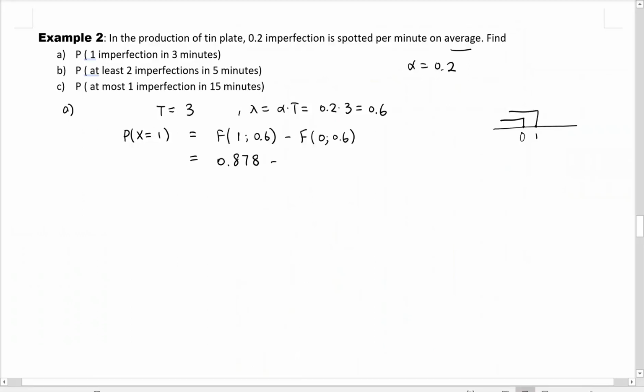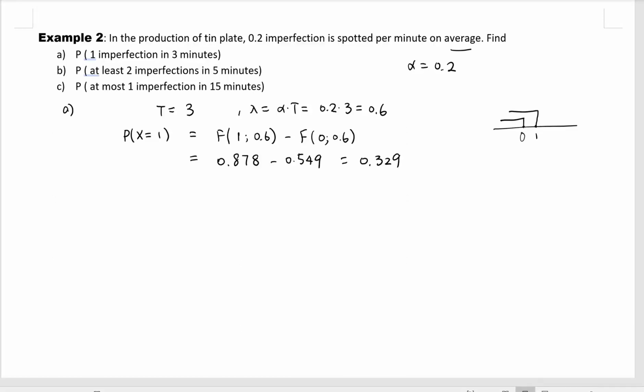Right. Okay. So what do we get? Plug this in your calculator and we get 0.329. Do you have the same answer? Yes? Good. Let's continue.